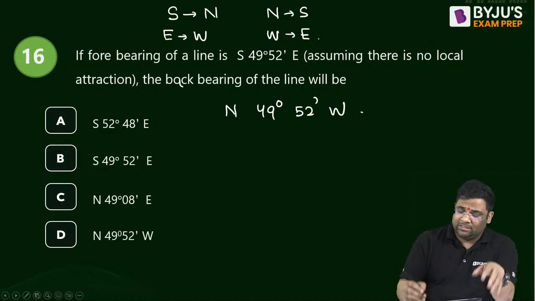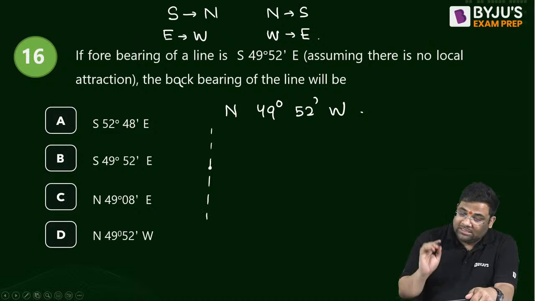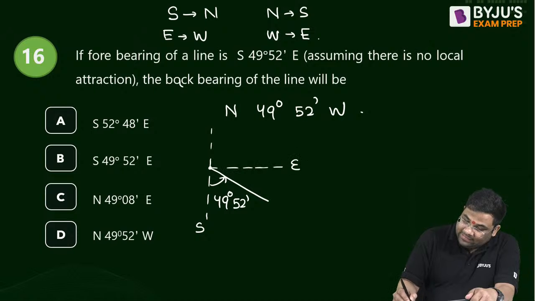Or if you want to see the diagram also, it's very easy. When I say south 49 52, it is like this, right? This is the line, and this is the forebearing of that line. This is 49 degree 52 minutes, and south, east.